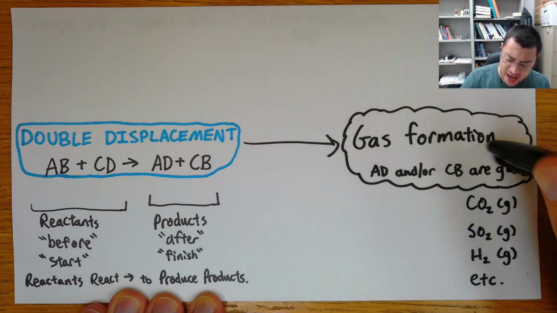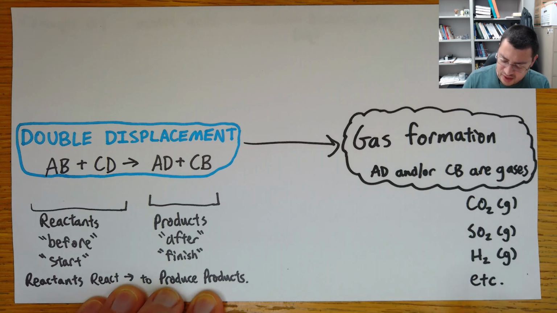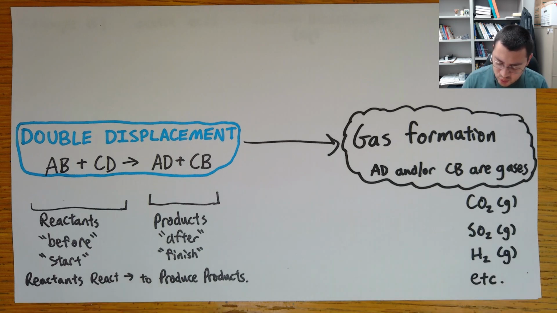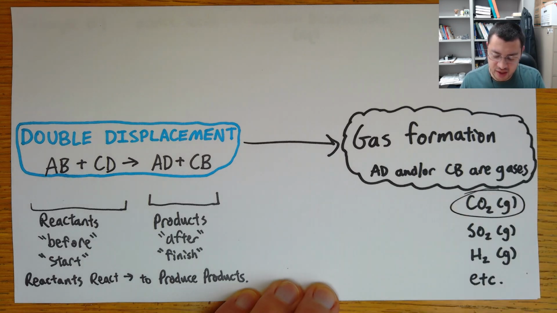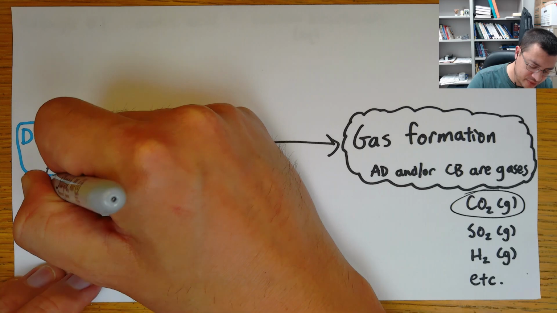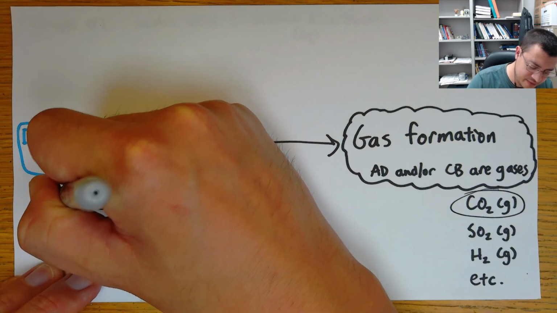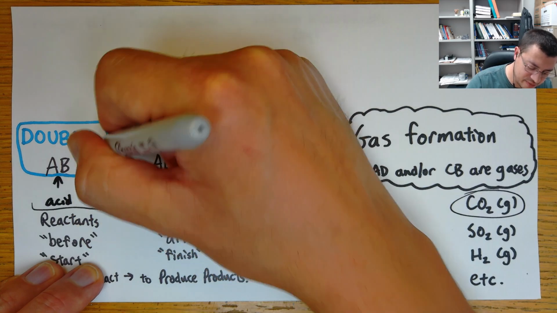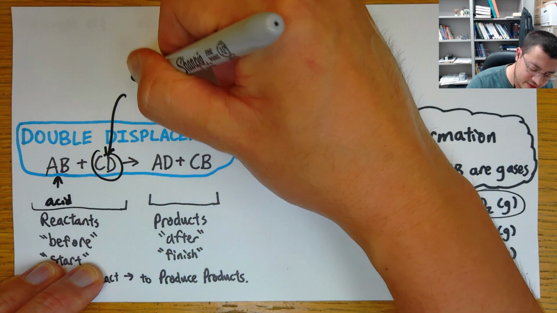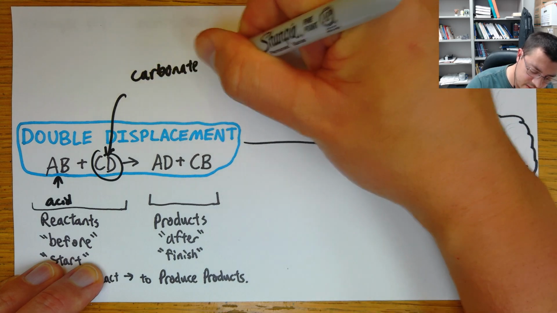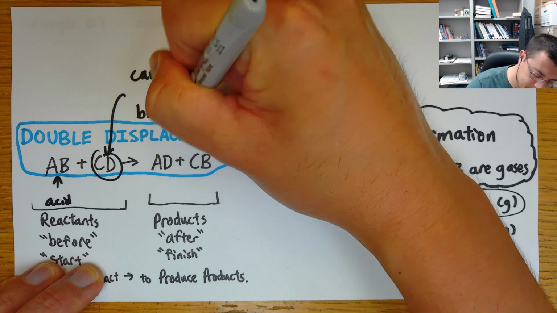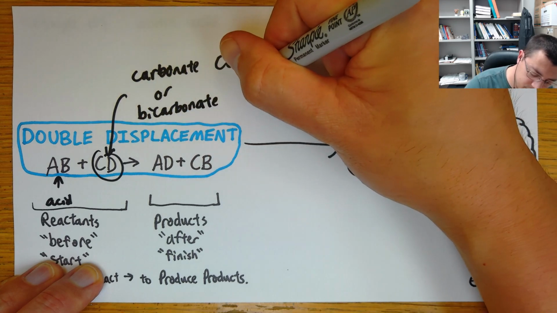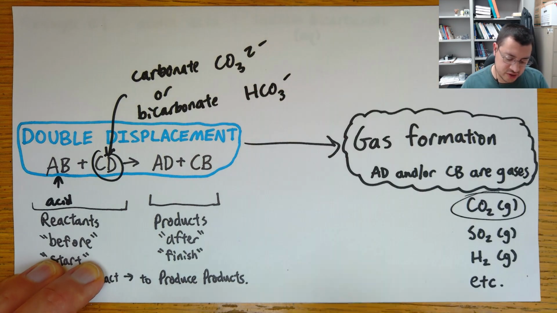So you just look for any gas in the products: carbon dioxide, sulfur dioxide, hydrogen gas maybe. At the Chem 101 level, the one I usually emphasize the most is carbon dioxide formation. That would come from having, typically, an acid, and then a carbonate or bicarbonate salt of some kind.